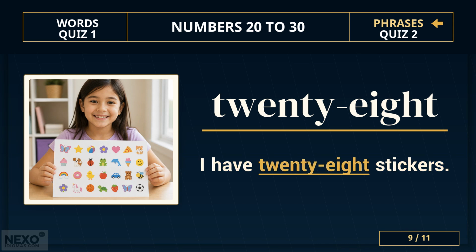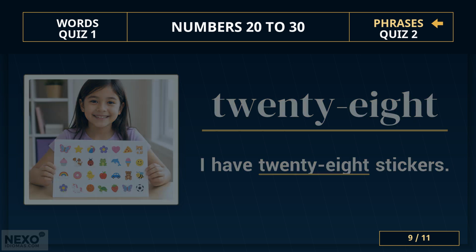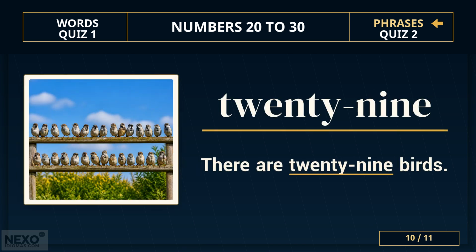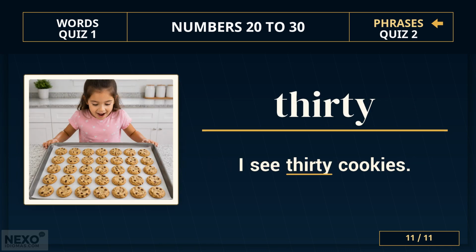I have 28 stickers. 29. There are 29 birds. 30. I see 30 cookies.